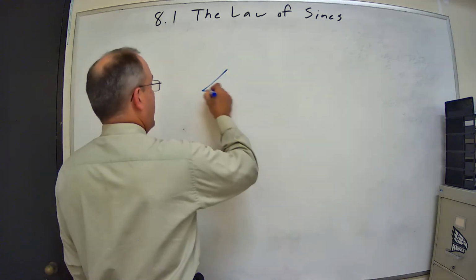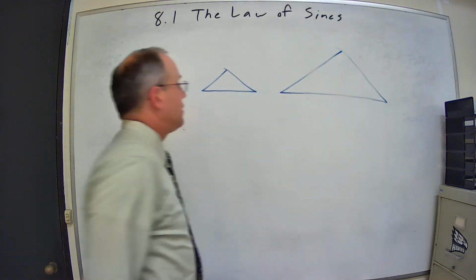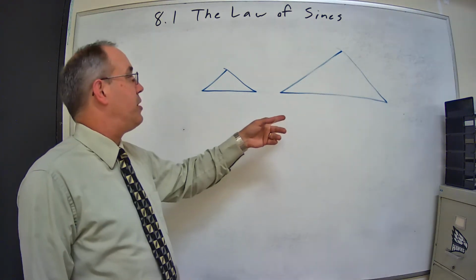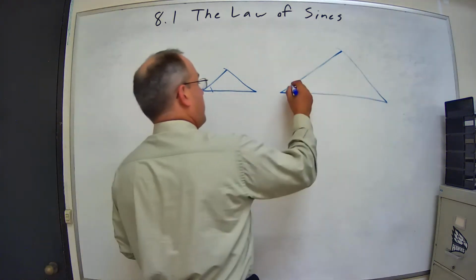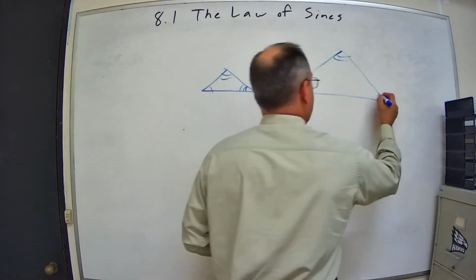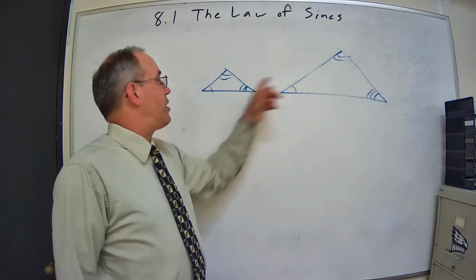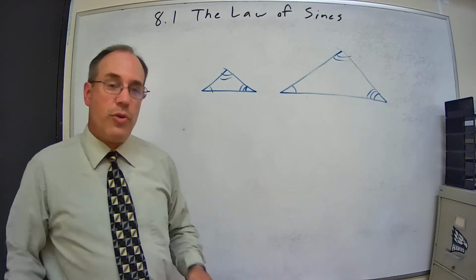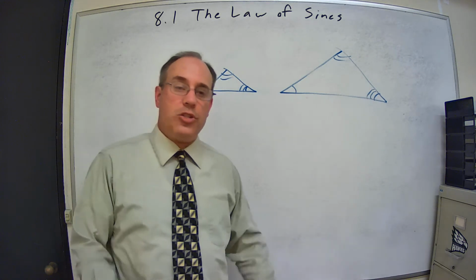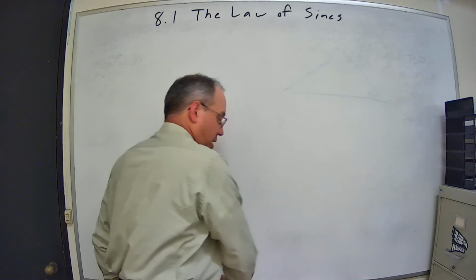Because if I have the same angles and no length to compare them to, then we have what's called similar triangles. There's no guarantee.